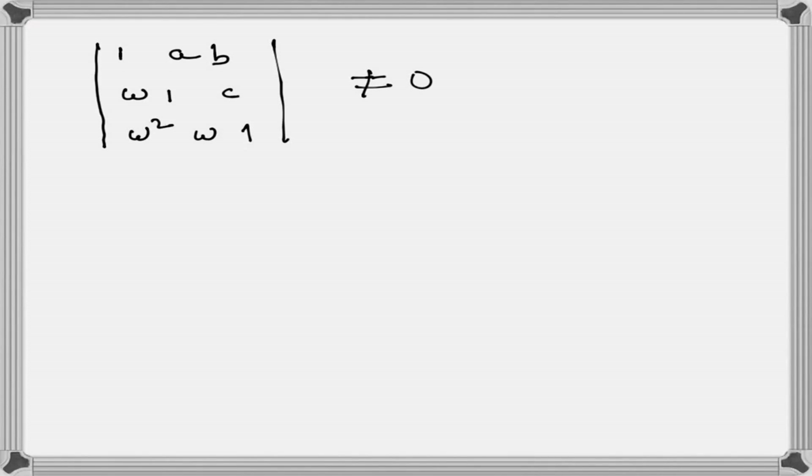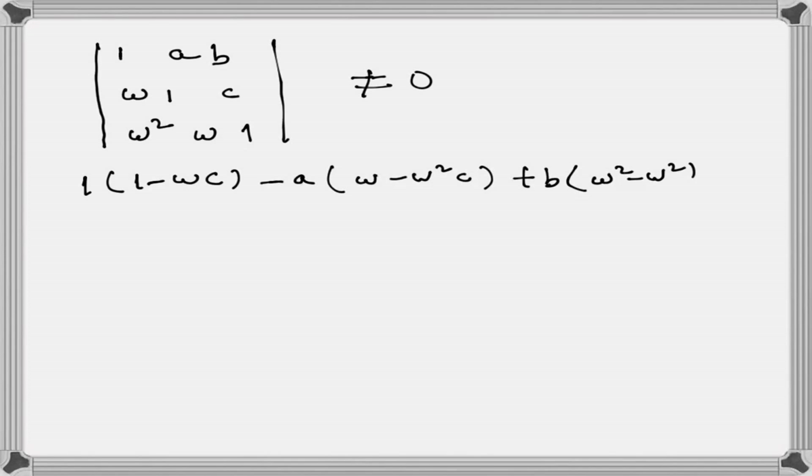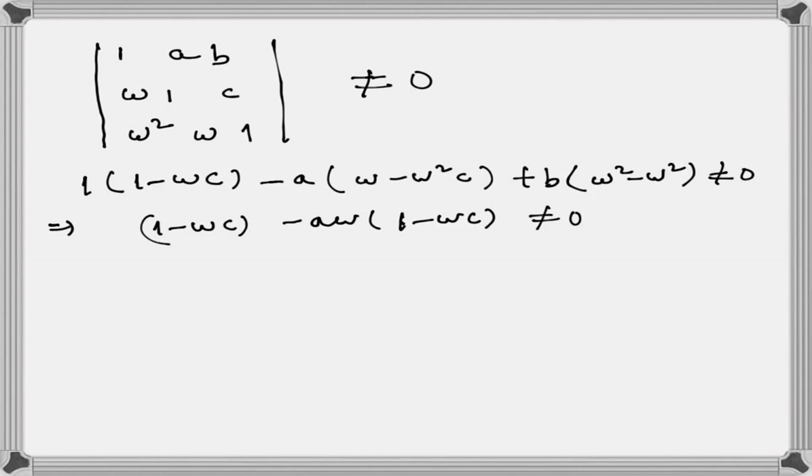So let's see what the determinant is. This is 1 into (1 minus WC) minus A times (W minus W square C) plus B times (W square minus W square), not equal to 0. This implies (1 minus WC) minus AW(1 minus WC) not equal to 0.